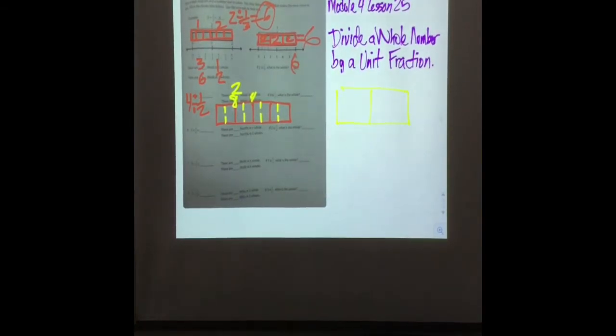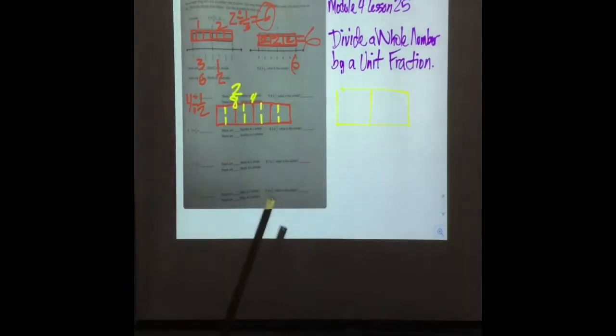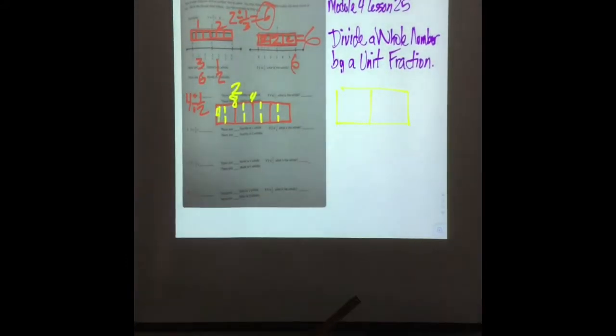I have 2 halves. Make 1 whole, right? Now if I say that there's a 4 in each one of these, right? No, that would be wrong. Sorry. I'm going to edit that right out.